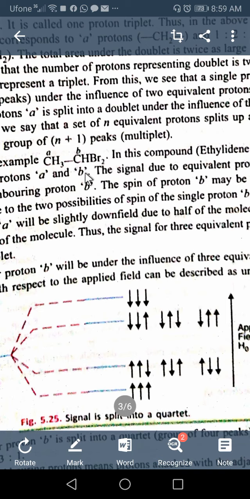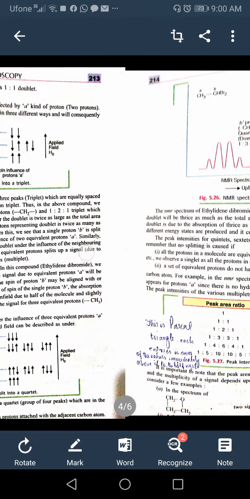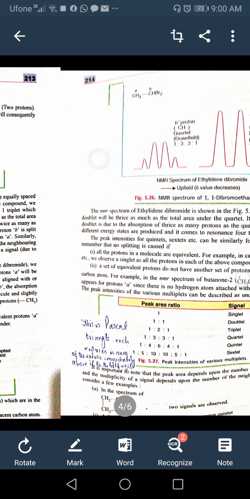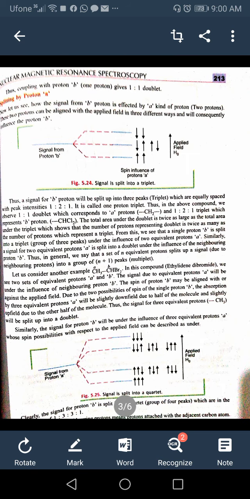Now this quartet is explained on the basis of the arrangement of the nuclear magnetic moment, and here in the NMR spectrum this type of quartet is obtained. The ratio is 1, 3, 3, 1.